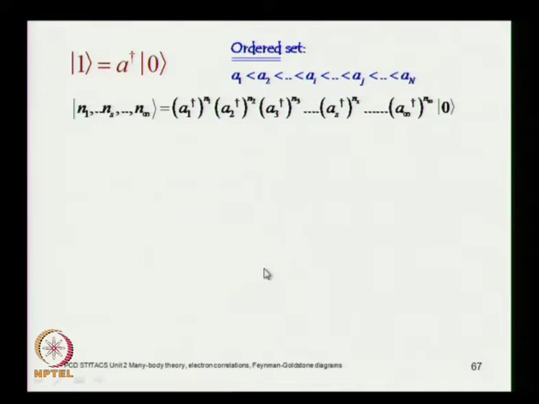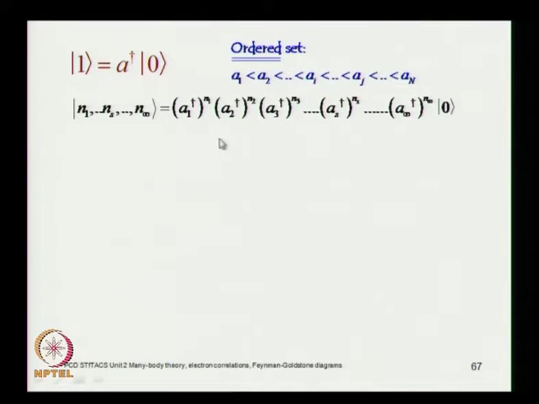If you operate 0 times, you have A1 dagger to the power 0, that is a unit operator, so it does not do anything to the vacuum, it leaves it alone. But if the index is 1, then of course it will create a particle in that state, and that will be the occupation number in this occupation number space representation. So, the occupation number vectors can be written as a result of the creation operators for each state operating n number of times on the vacuum.